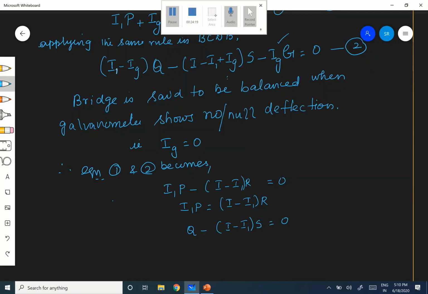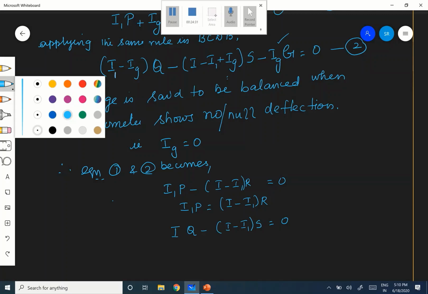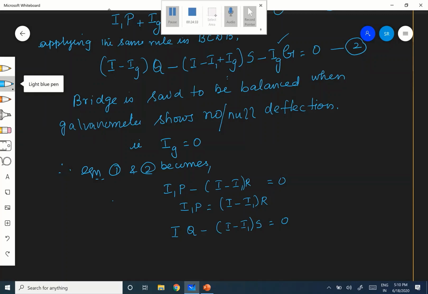Therefore, the second equation will be reduced to I1 into Q minus (I minus I1) into S equal to 0, right?